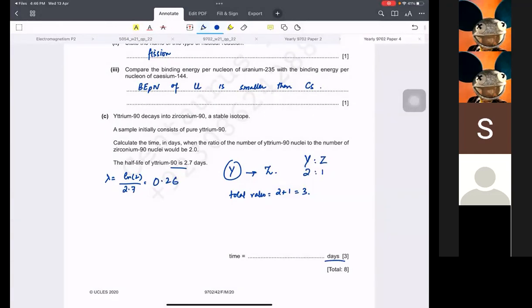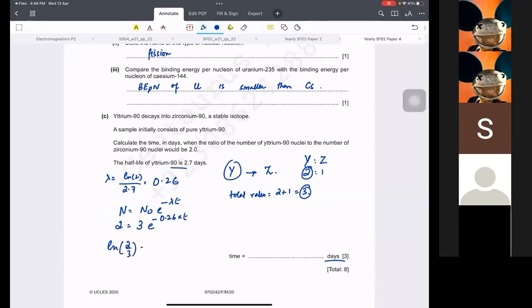Okay. Now, if the total is 3 and 2 is remaining, then we can say, it is not activity, it is number. N equals N naught e to the minus lambda t. N is 2, total was 3. Lambda is 0.26 and we have to find the time.